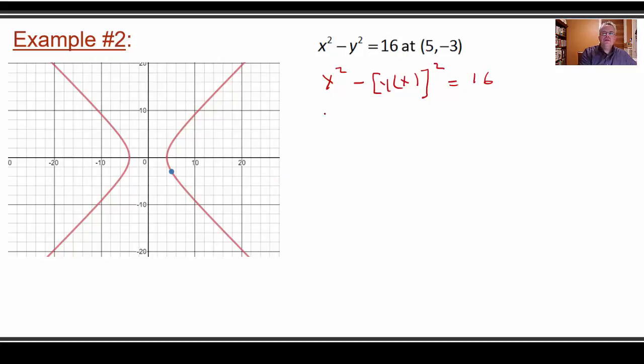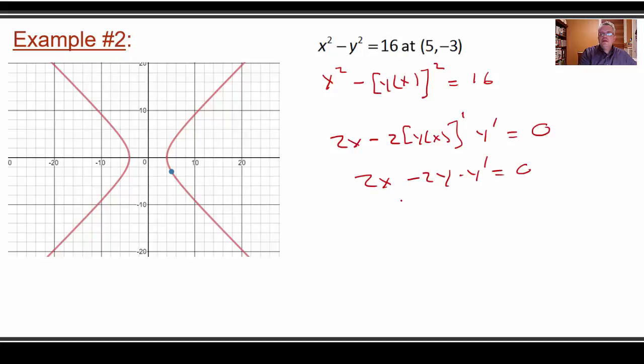Now we take the derivative of everything. We have 2x minus 2 times y of x to the first times y prime equals 0. Or, more simply, 2x minus 2y times y prime is 0. So I'm going to subtract 2x from both sides.